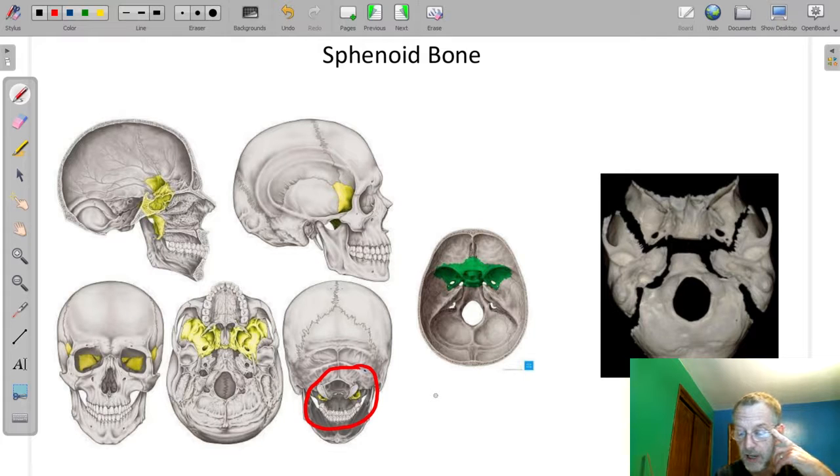And on the far right is an exploded view where the sutures have been digested, and the sphenoid bone is shown here, occipital bone, and these would be the what bones on the sides? Yeah, temporal bone.